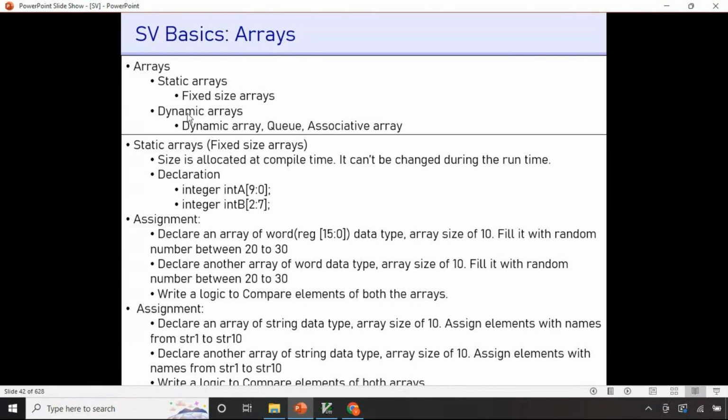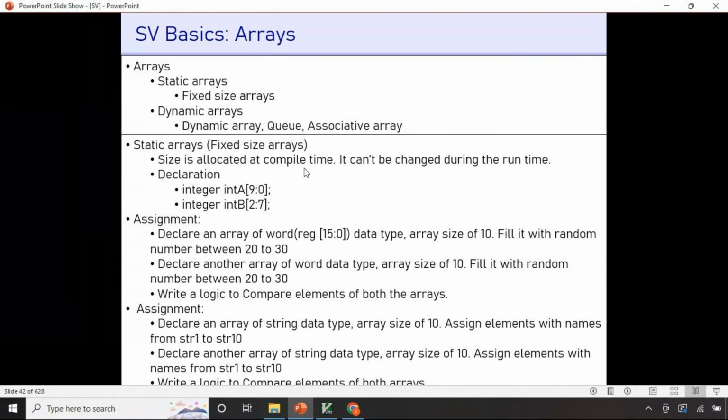Dynamic arrays are again of multiple types. One type is the dynamic array itself. Second is queue. Third is associative array. We'll discuss more about all these things. Now let us get into static arrays. Size is allocated at compile time.